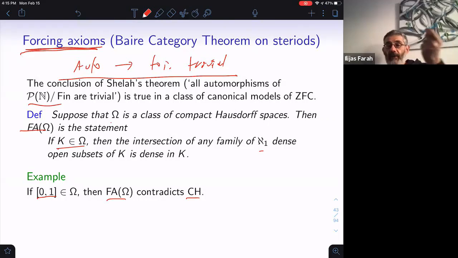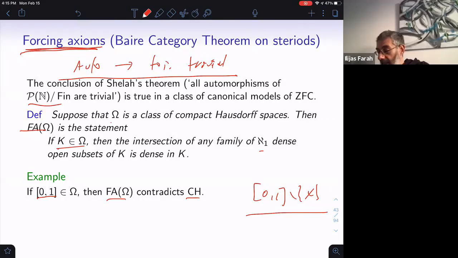Why is that so? Well, for every singleton, just remove that singleton from [0,1]. Look at [0,1] minus x. If there are only aleph 1 many real numbers, there are only aleph 1 many sets of this form. Each one of them is open and dense, and their intersection is going to be empty if you enumerated all real numbers.